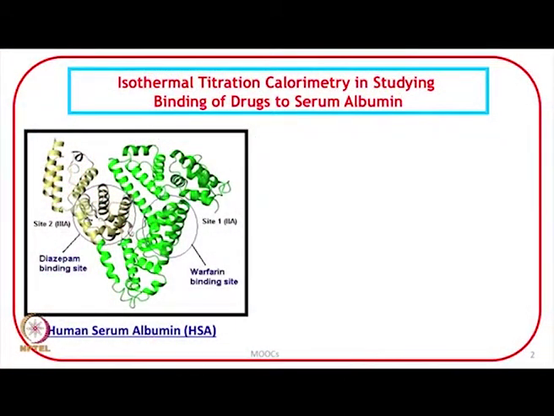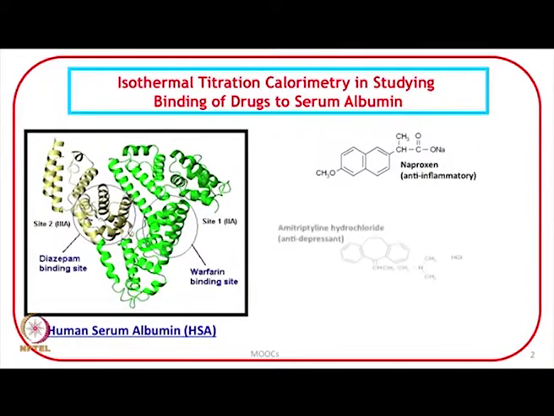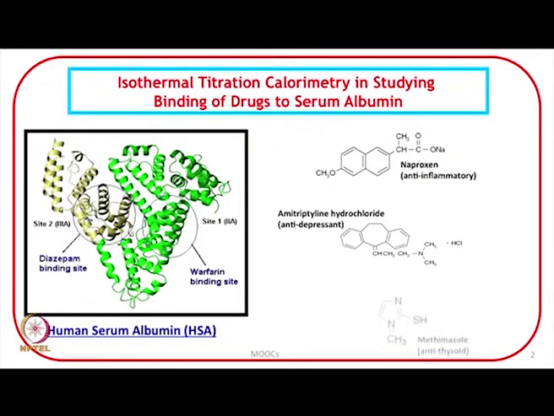Let us take a look again at the same slide which I discussed in the previous lecture on the binding of anti-inflammatory drug Naproxen with serum albumin, amitriptyline which is an antidepressant, and methimazole with serum albumin. Let us see what kind of experiments can be designed.